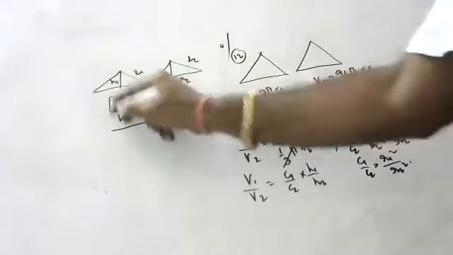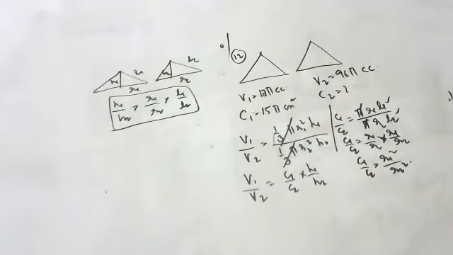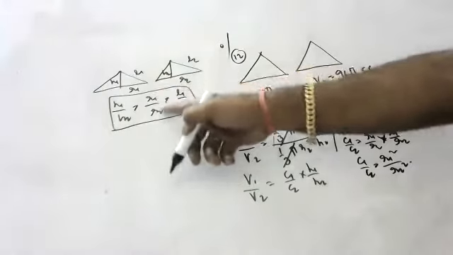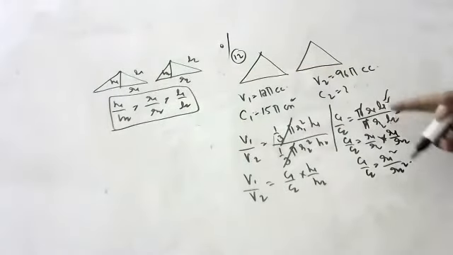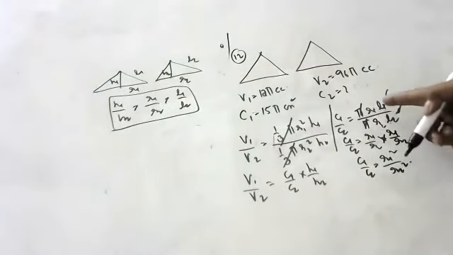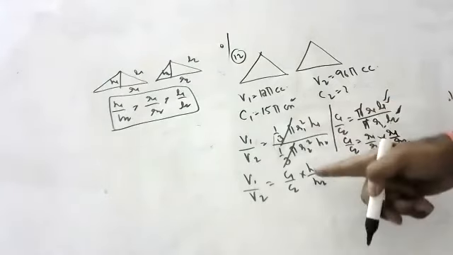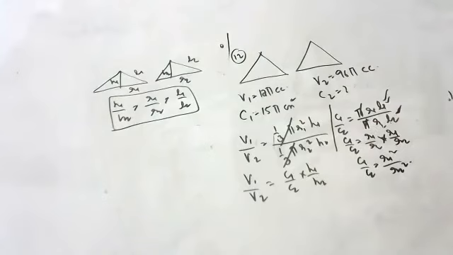Similar means they all will be equal, always. So here, instead of L1 and L2, I wrote R1 and R2. So R1 and R2 into R1 R2 is R1 square by R2 square. This R1 square by R2 square, I wrote as C1 by C2.